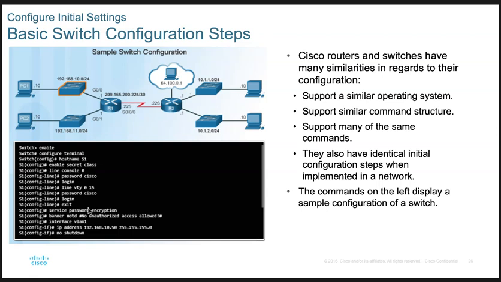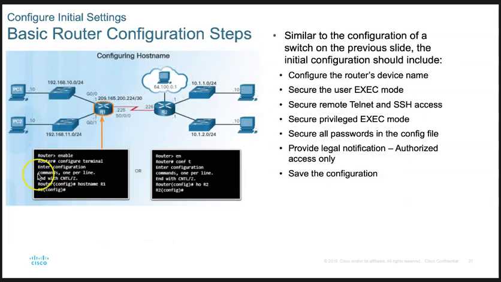And when we configure a router like we did before, a router has different modes, and different modes can do different things. The first thing we do is secure the exec mode by using enable and setting up a password. Secure telnet and SSH by assigning a username and a password to the VTY and SSH.